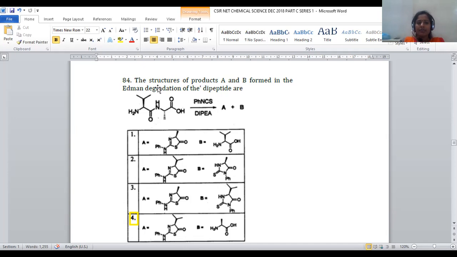Okay, here the Edman degrading agent will be phenyl isothiocyanate, in the presence of the solvent DIPEA, and this is a dipeptide. The main purpose of Edman degradation is to predict the sequence of amino acids. What kind of amino acids are there in the sequential order of the peptide linkage? In order to predict that sequence, Edman degradation is very useful.